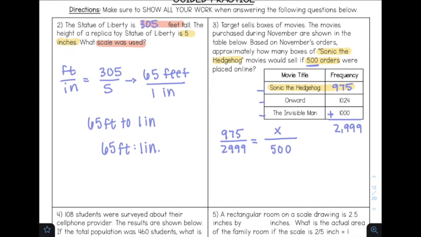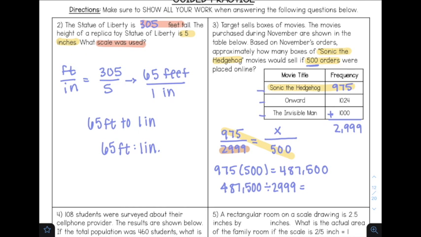So we're going to cross multiply 975 times 500. That's going to be 487,500. And then we're going to take that and divide it by your 2,999. So 487,500 divided by 2,999.